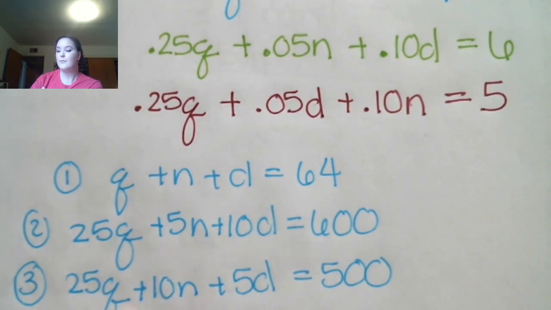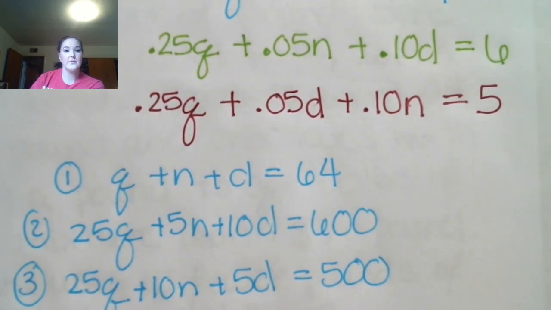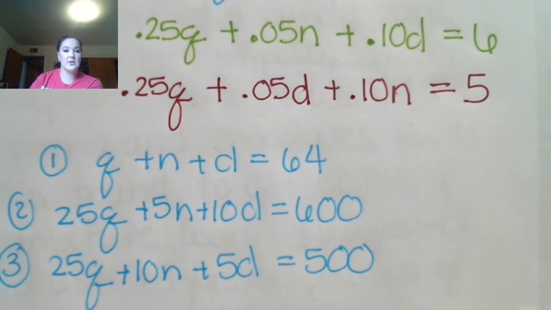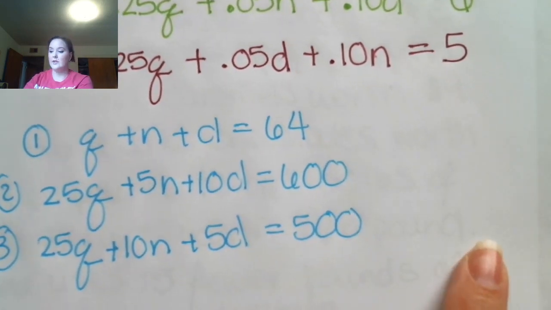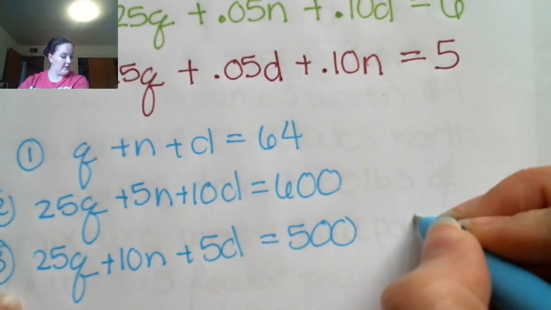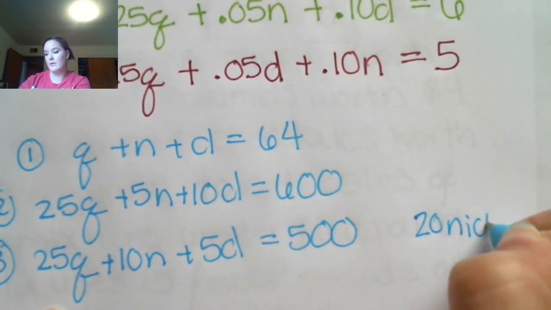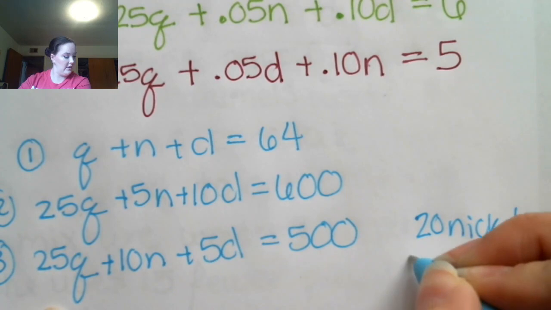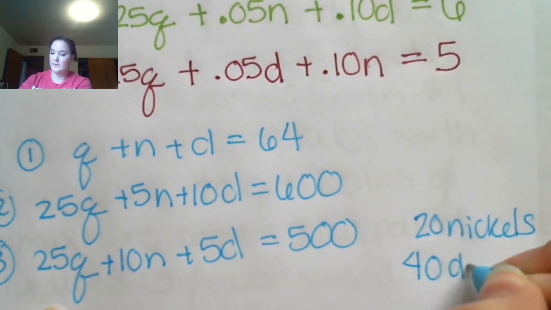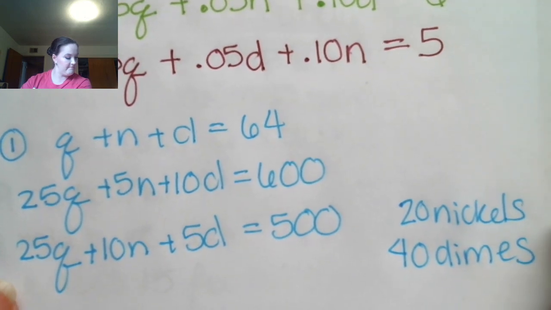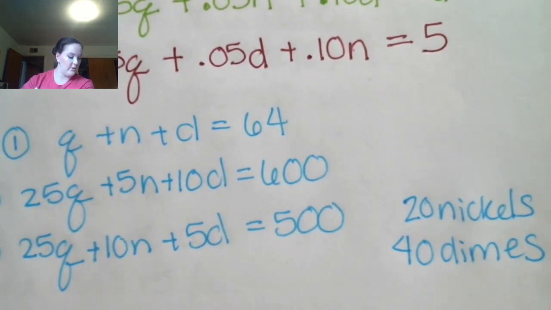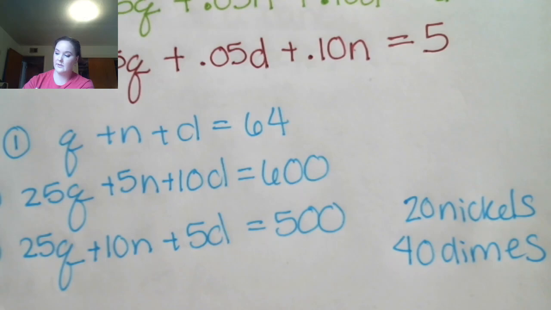All right, so I'm going to encourage you guys to solve this on your own, and I will give you the answer: there's 20 nickels, 40 dimes, and 4 quarters, for 64 coins.